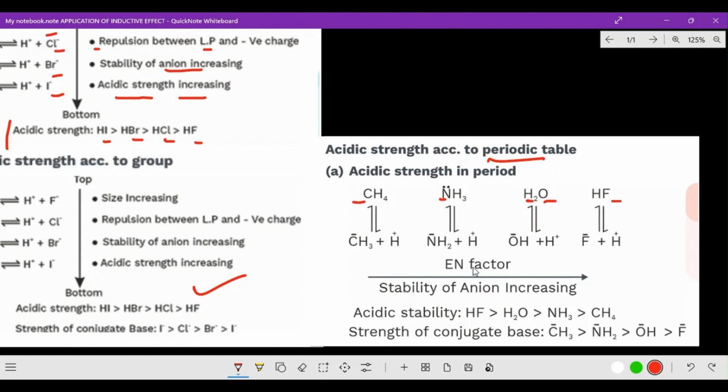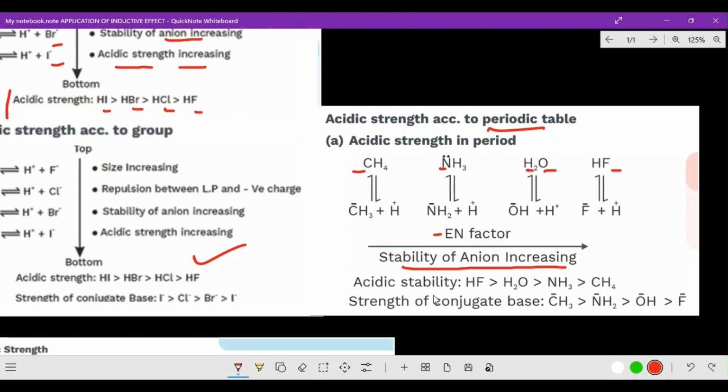Here the factor is electronegativity, so stability of anion increases. So the acidic strength is: hydrogen fluoride is greater than water, H2O, which is greater than ammonia, which is greater than CH4. So the strength of the conjugate base is increasing or decreasing in that order?